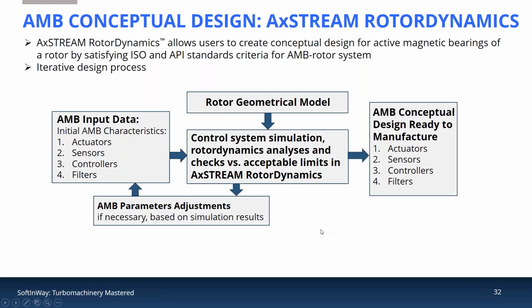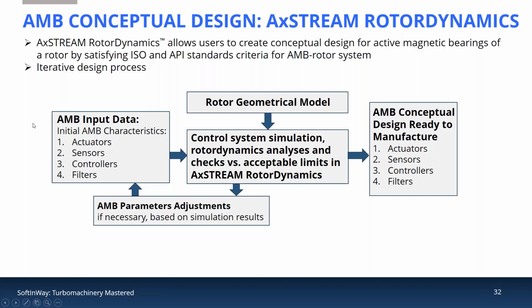And the advantage of this method is that the parameters which are input into Extreme Rotor Dynamics reflect the real parameters which we need to apply to our AMB design.